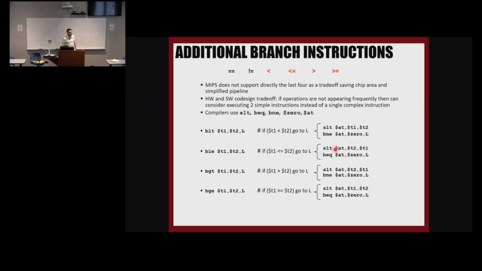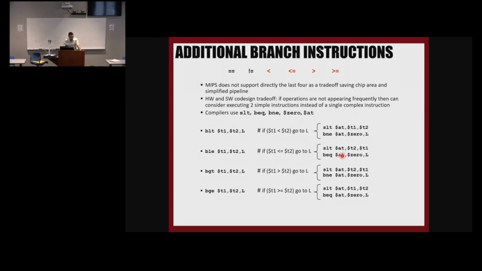So if the inverse condition is met, AT is going to be 1. But when the inverse condition is met, we don't want to jump. We just want to jump if the actual condition is met, not the opposite one. So we use the opposite condition, which is if T2 is less than T1. But because we don't want to jump, we use branch equal, and it doesn't jump if AT is 1.